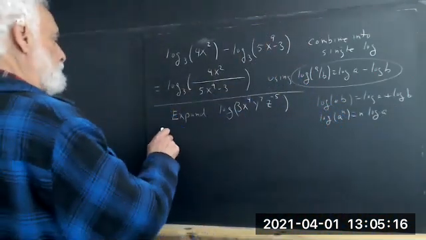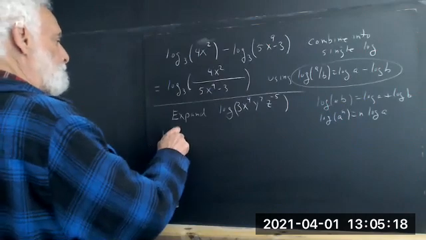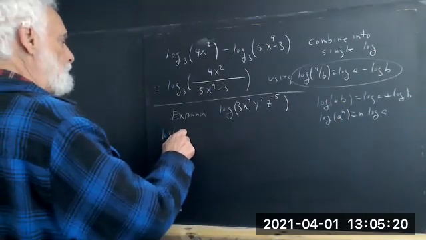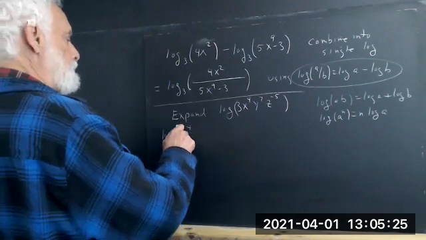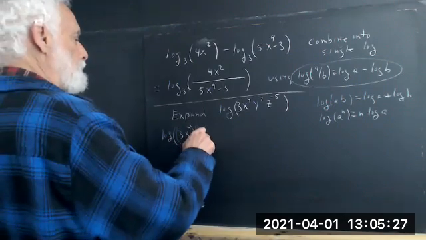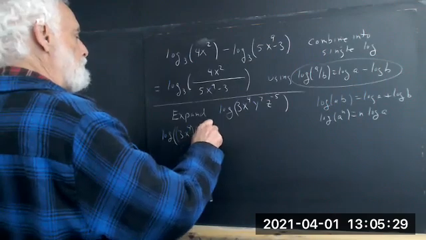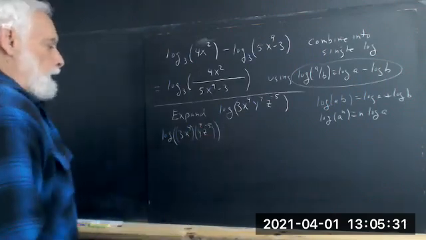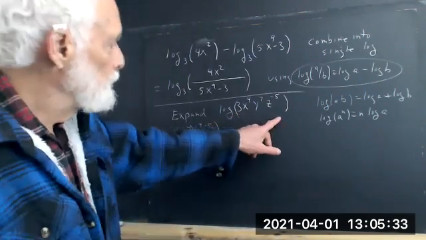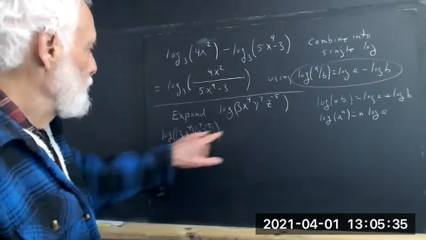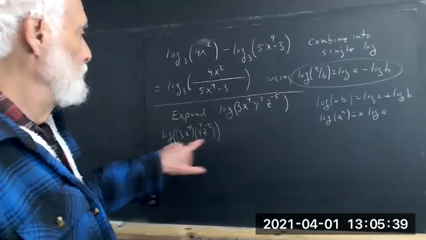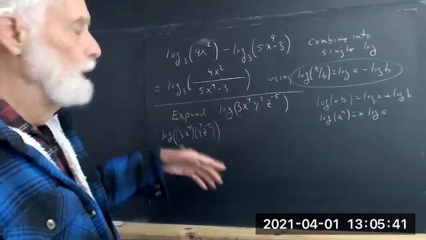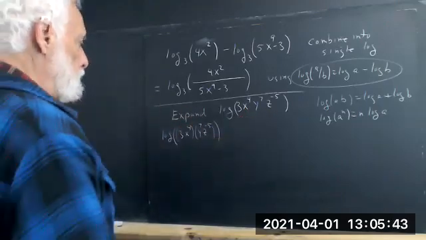Okay, so we get, if I group these terms where the first two factors are grouped and the second two factors are grouped, turns out this is going to be the most efficient way to do this.